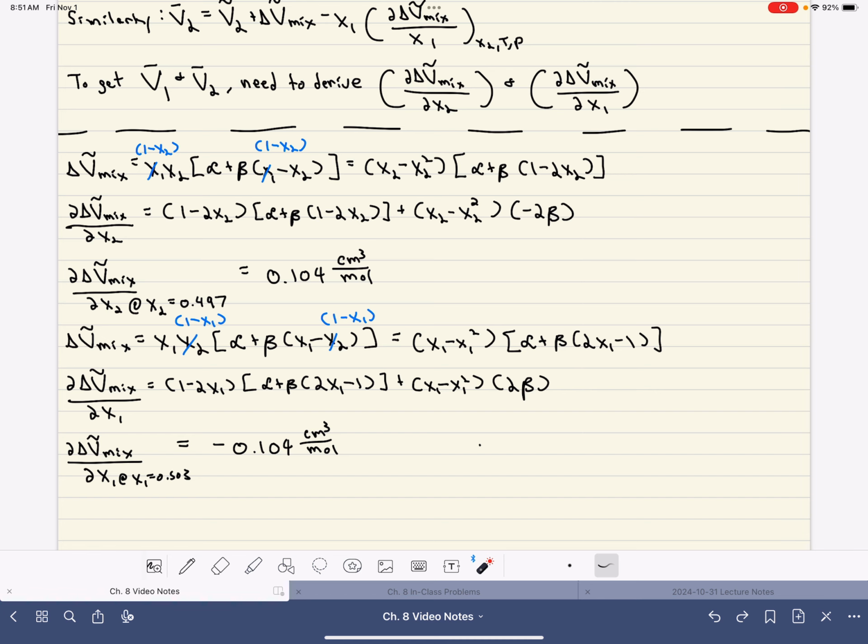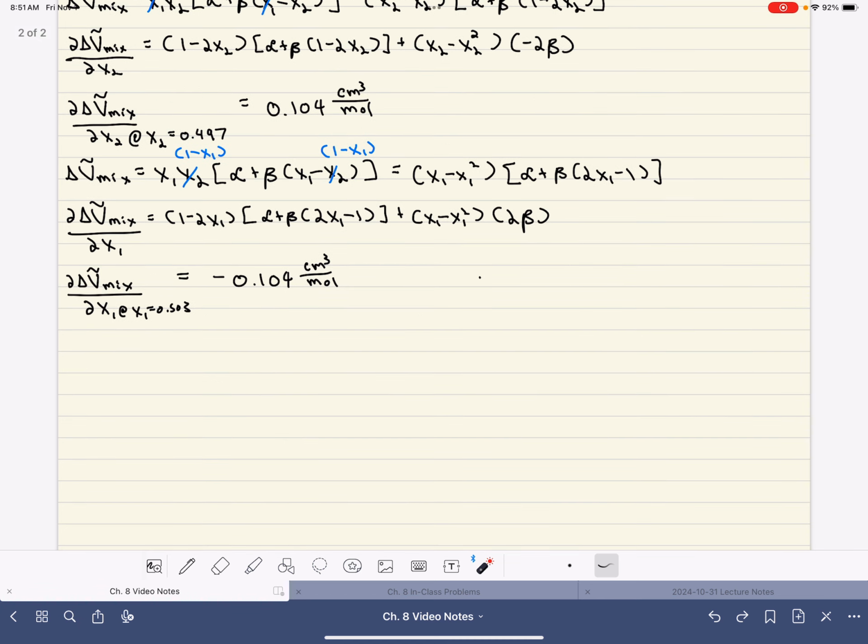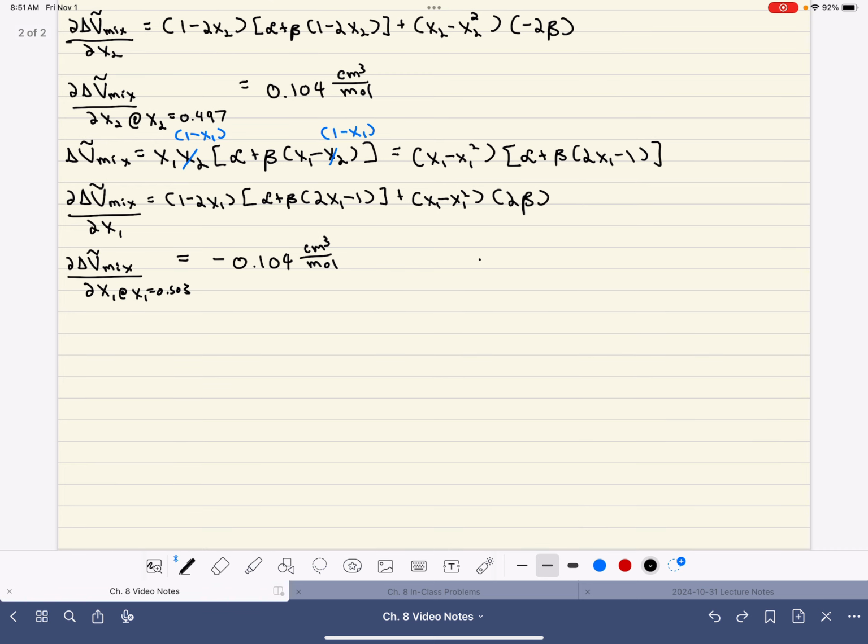Okay? All right, in any case, now that we have those derivatives, we could now calculate our V1 bar. So I'll write it out here.